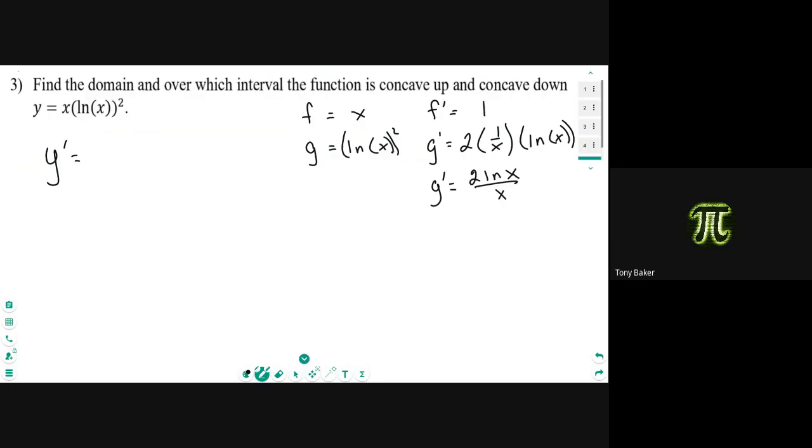All right, so what do we got? We got ln of x squared plus x times 2 ln of x over x.